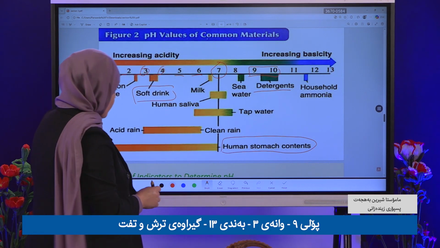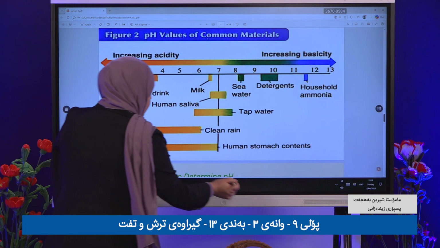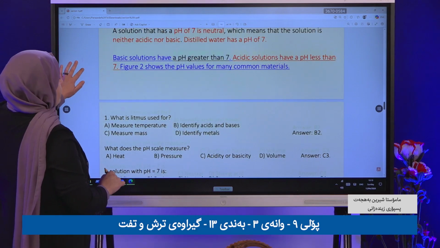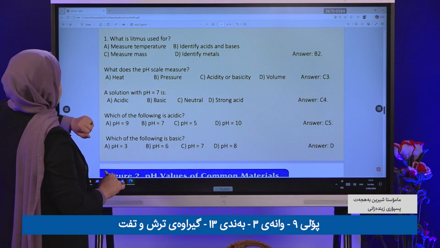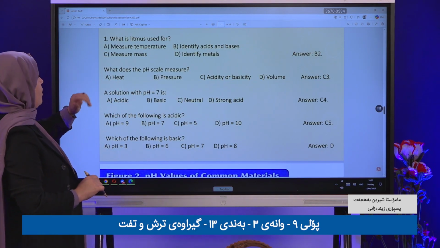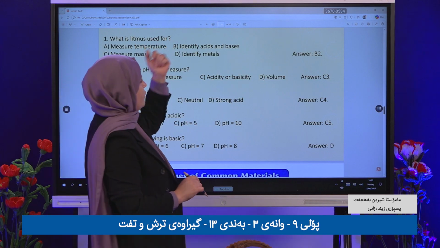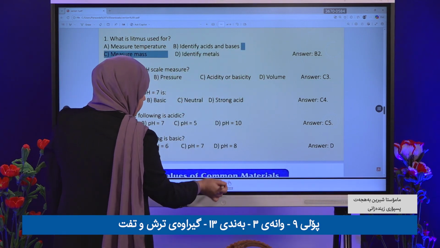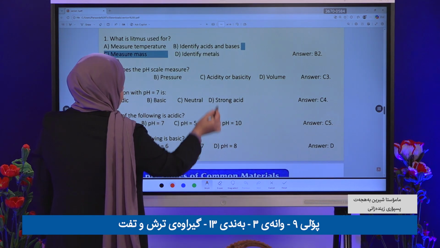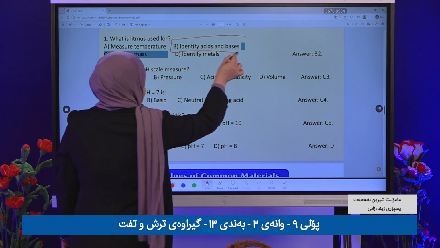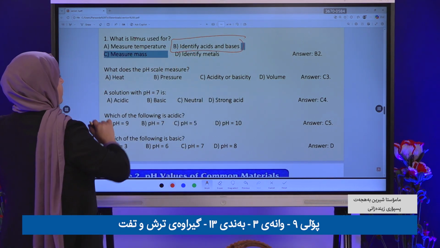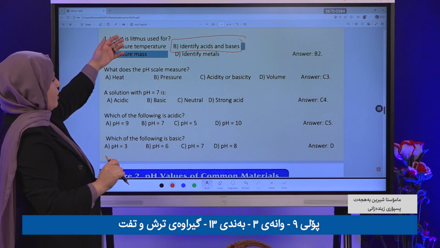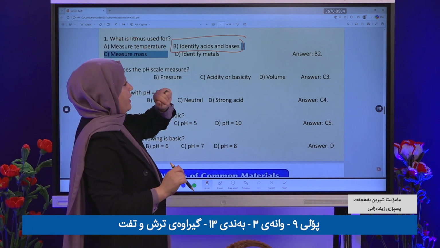So, let's see some common examples. What is litmus used for? Used for identifying acid or base. Look at the difference between litmus and pH. Litmus is an indicator, which is used for what? Identifying acid and base.